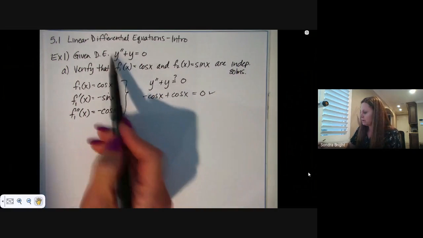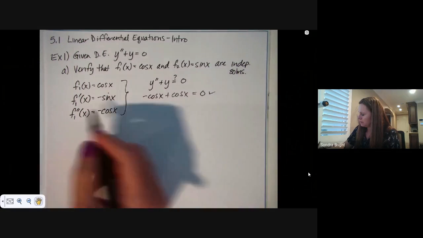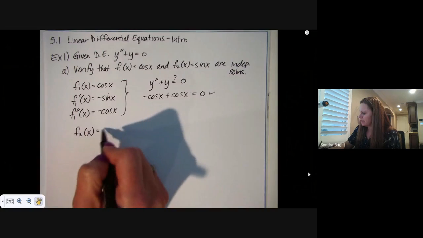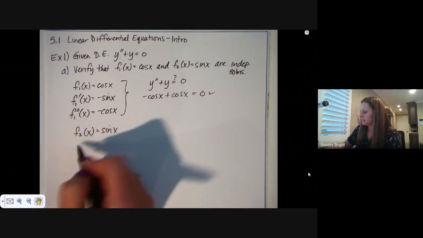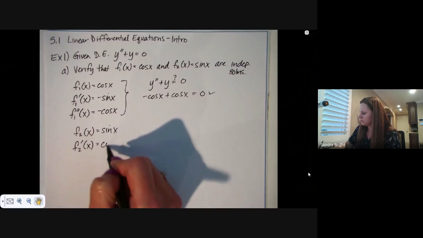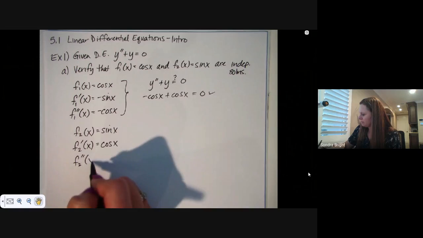Now let's check for sine of x. Sine of x is my f2. Taking the first derivative of sine is cosine, and then the second derivative of cosine would be negative sine.